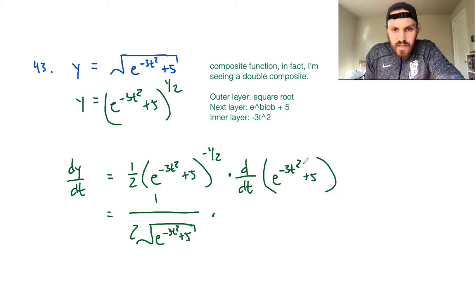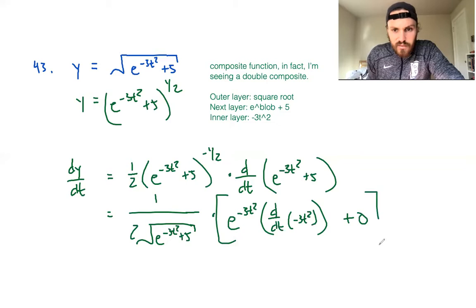And the derivative of e to the blob plus 5 would be e to the blob times the derivative of the blob. And of course, the derivative of 5 is just 0. So I'm going to get e to the negative 3t squared plus 0. Well, actually, e to the negative 3t squared times the derivative of negative 3t squared plus 0. So technically, this is all being multiplied, but that 0 is going to drop out.